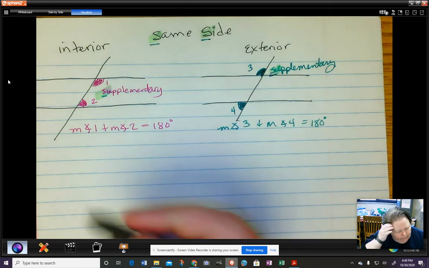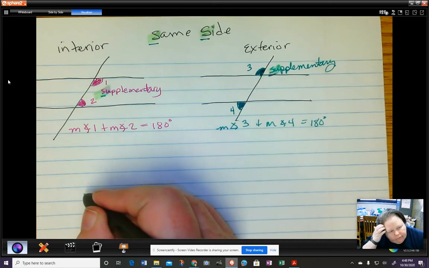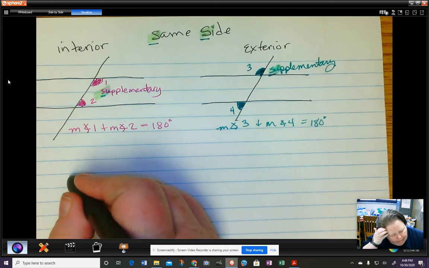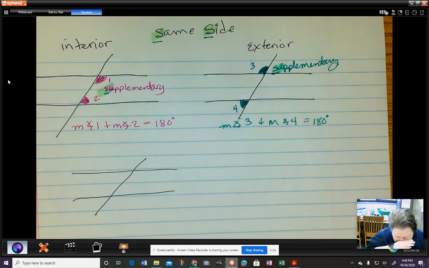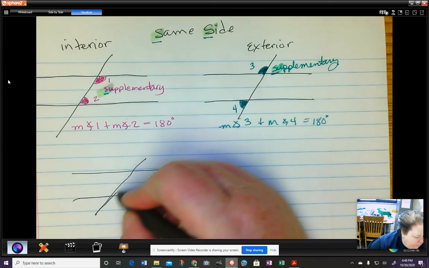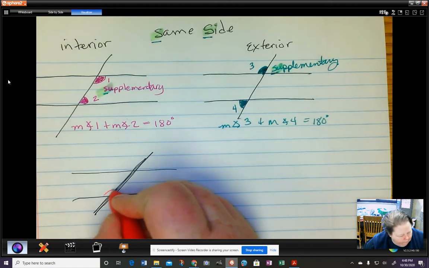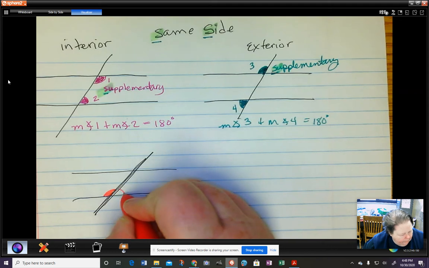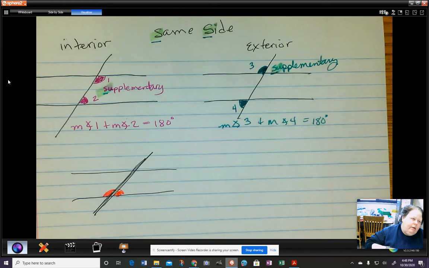And the last one, straight angle. So I have a parallel pair, and I have a transversal, and on this parallel line, I have this angle and this angle. Well, we learned in the last lesson that this is a linear pair.